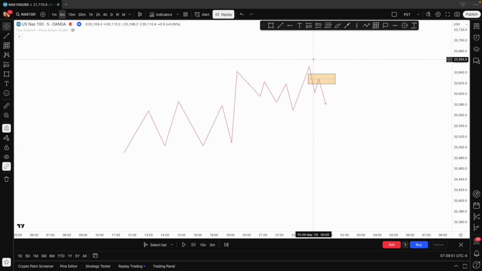Stops are going to be a little bit above or below the highs and lows, and we're going to target a break even trade at 1.1, and we are going to take a 1.5 risk to reward trade as our TP. So let's get straight to the charts, and then I'm going to show you how this looks.